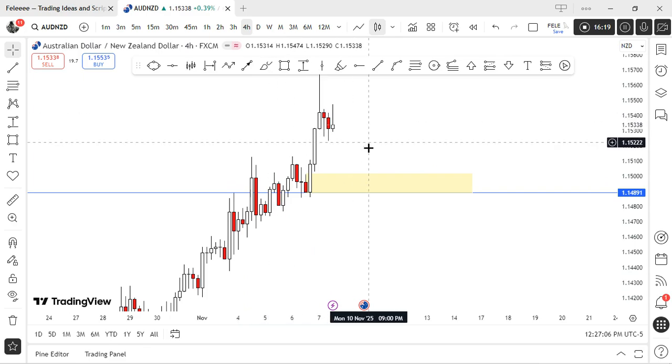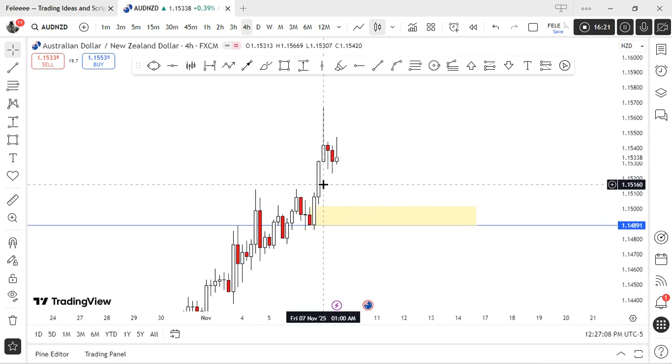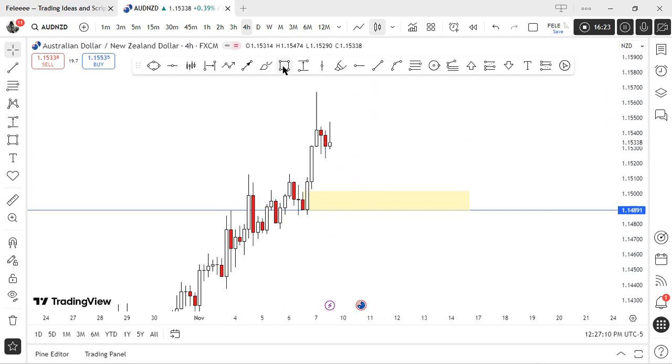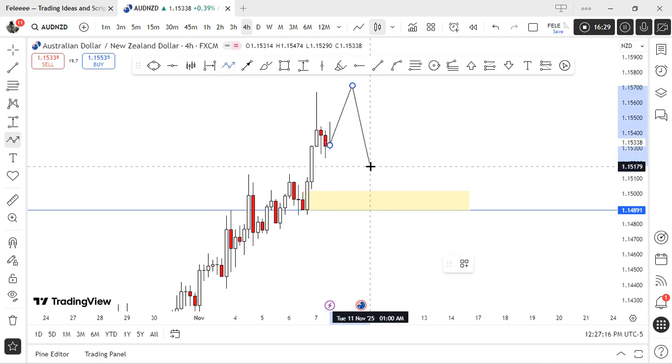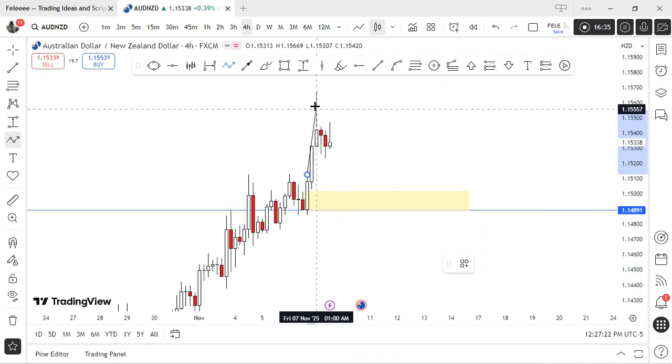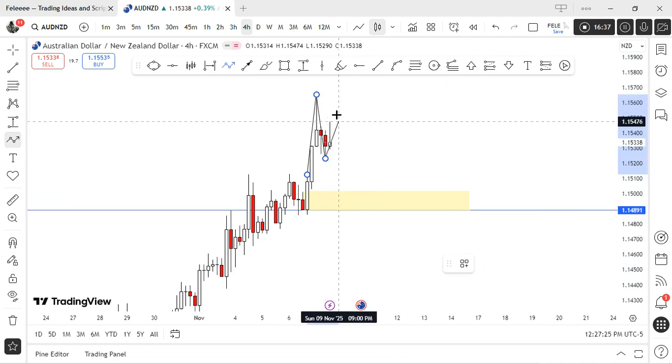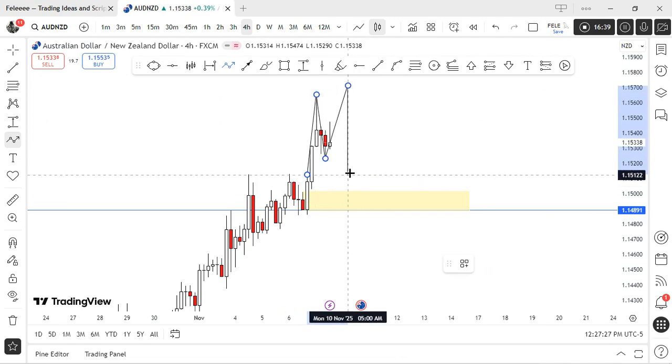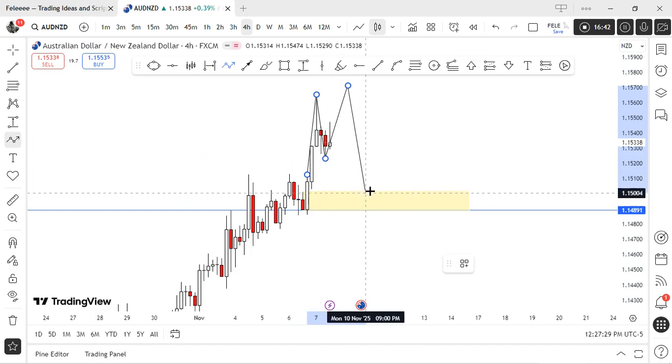So what I do want to see is price reacting and leaving this as an inducement, so that when it comes right back, wait. What I want to see is price going up, leaving this as an inducement, taking it out, and coming all the way down, taking this inducement to these demands.